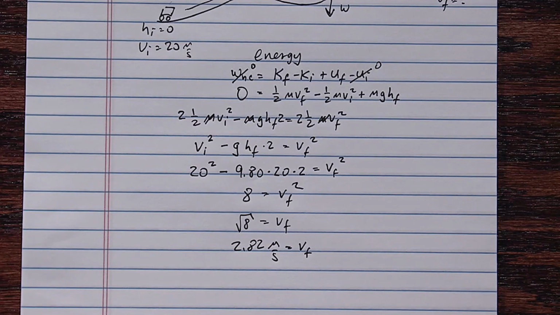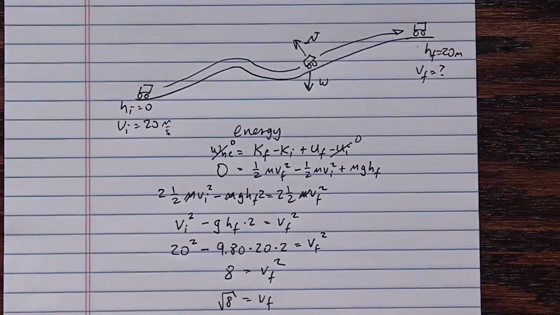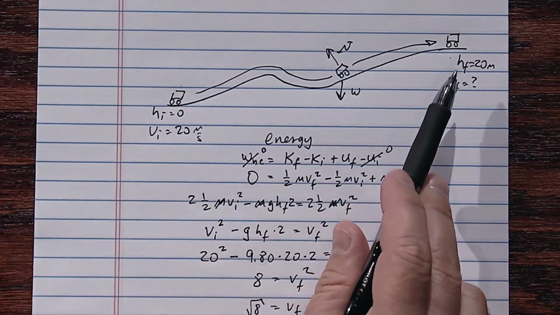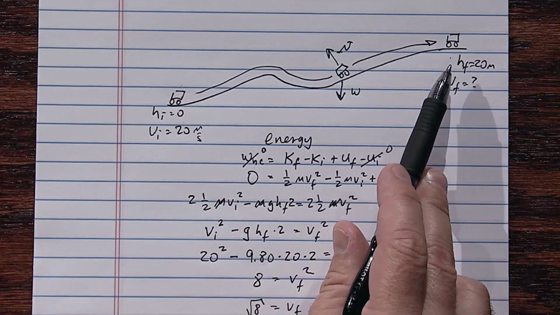It only has a little bit of kinetic energy left, but in fact, it did manage to reach a height of 20 meters. So the cart traded in its initial kinetic energy for potential energy.